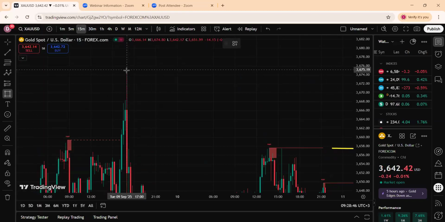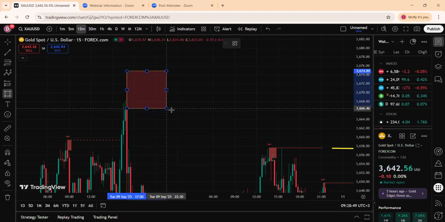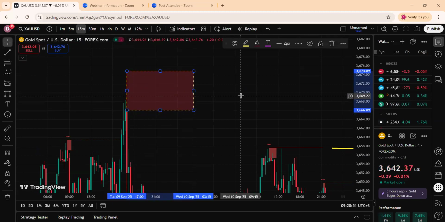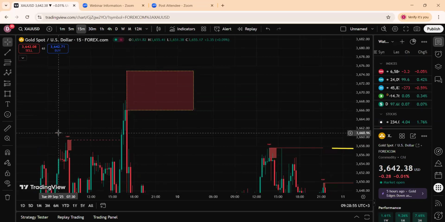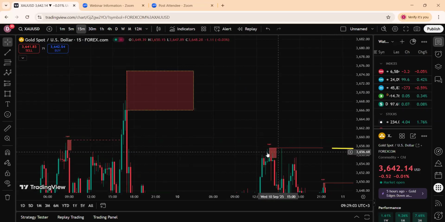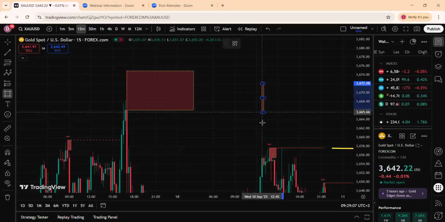Though this indicator has not highlighted it, this red one created this resistance. Look at this one here, it's green. So just look at the tallest wick.